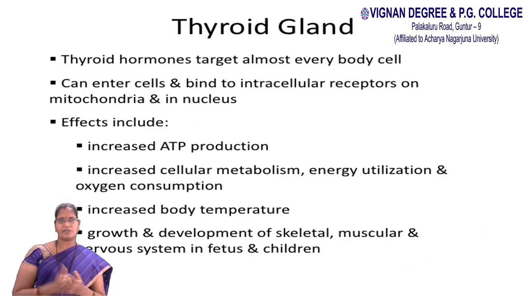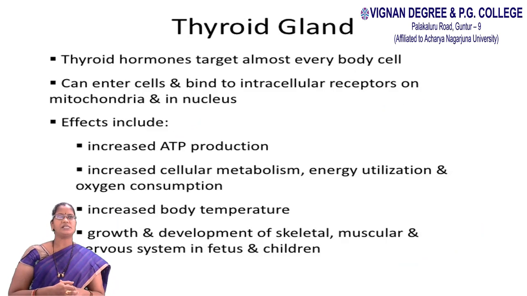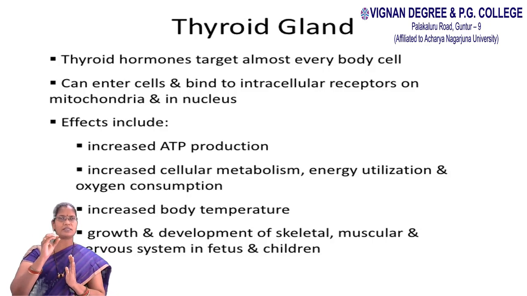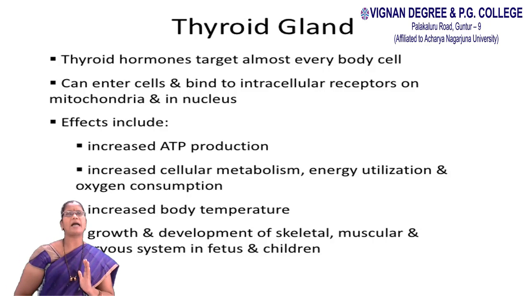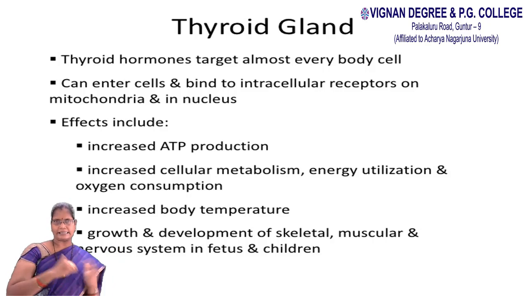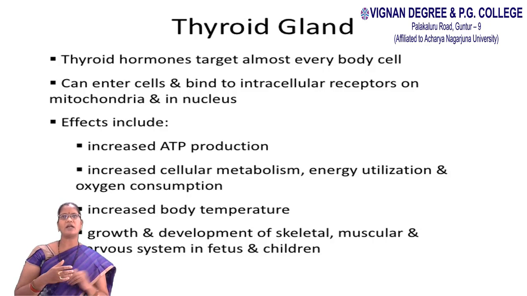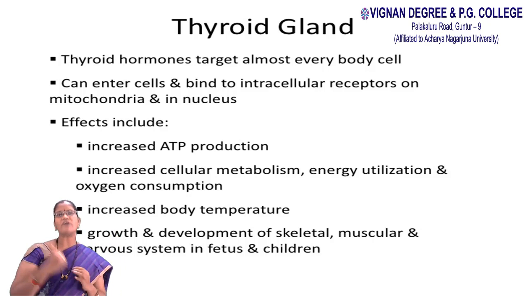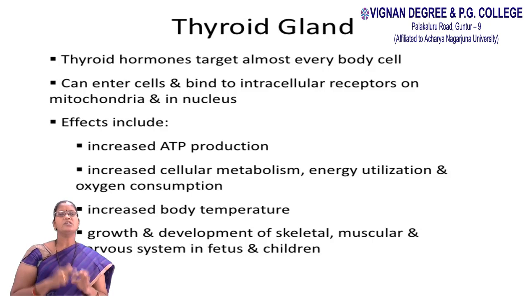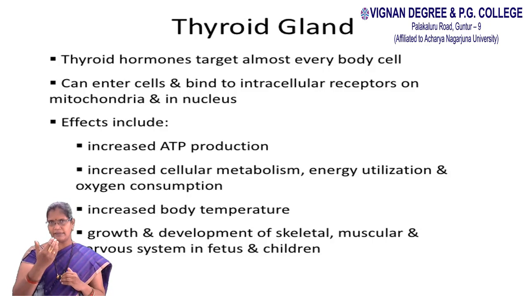So coming to the thyroid hormone functions. I said that thyroid hormone targets almost every body cell. That means the effect of the thyroid gland is on all parts of our body. The thyroid hormone can enter the cell and then it binds to the intracellular receptors on mitochondria and nucleus. So once it is bound, it shows effects.